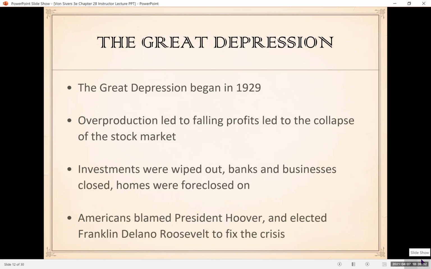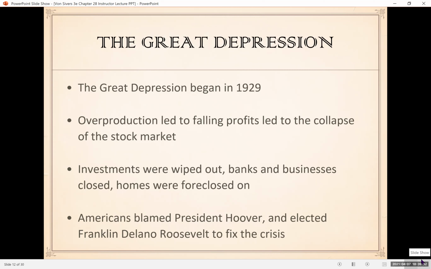And he's going to start putting in some real tiny measures. Not enough to stop the fall of prices, stock market, unemployment, etc. And so he loses the election in 1932 to Franklin Delano Roosevelt, FDR, as he will be known.